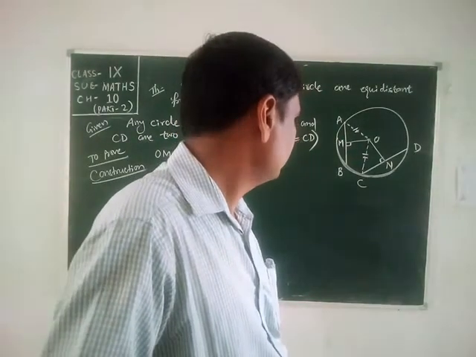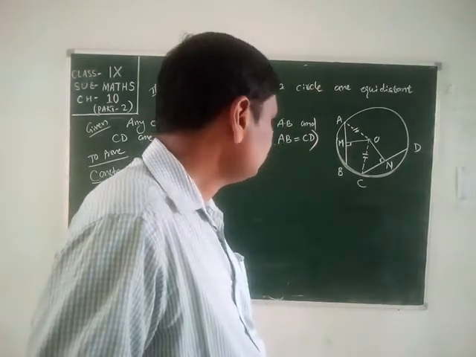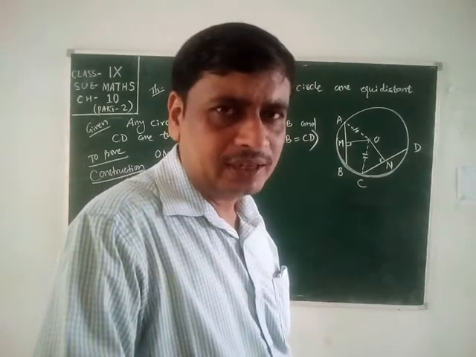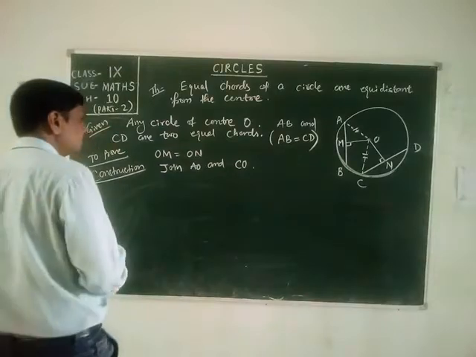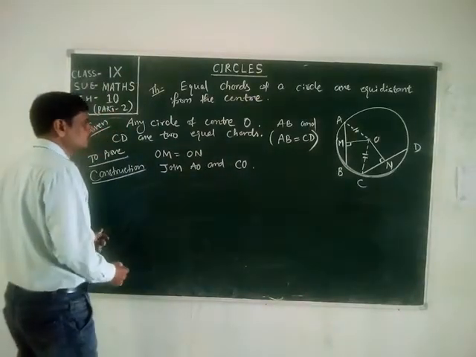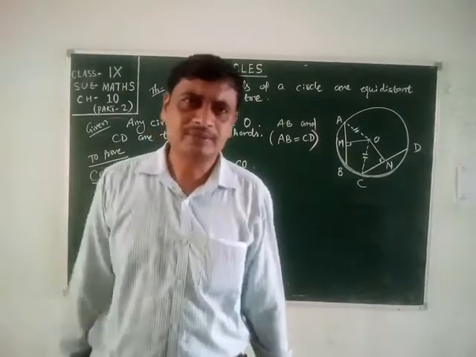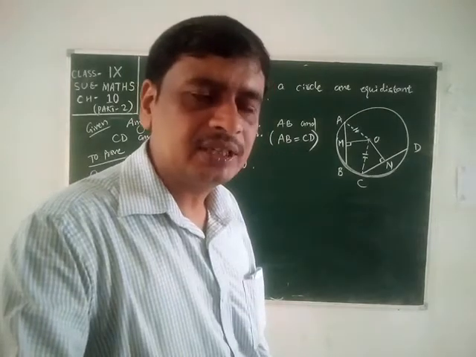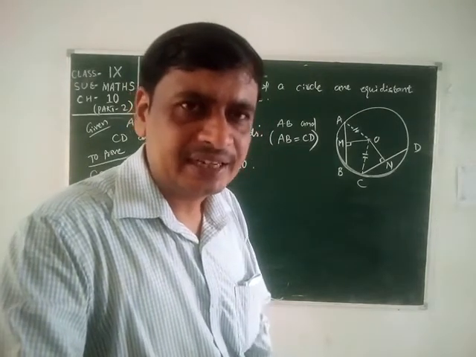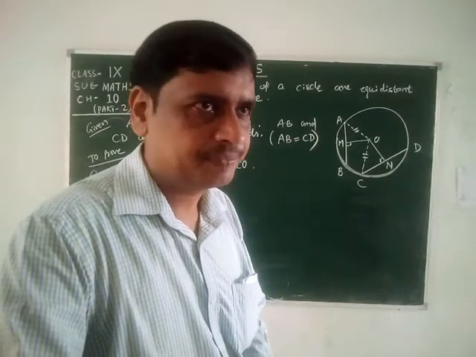Next, this OM and ON are perpendicular. The perpendicular drawn from the center of a circle to the chord will bisect the chord.